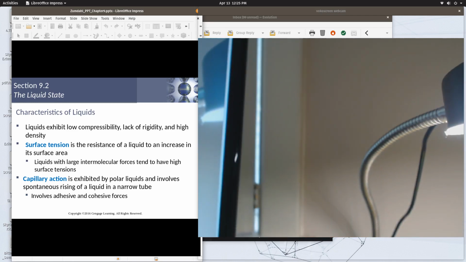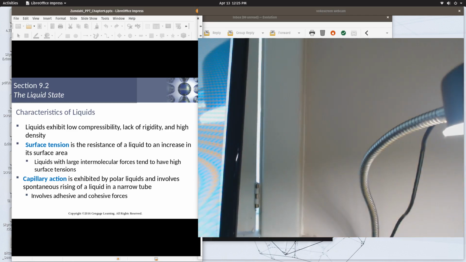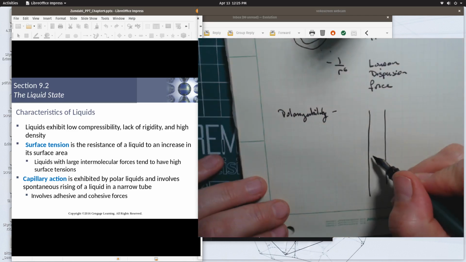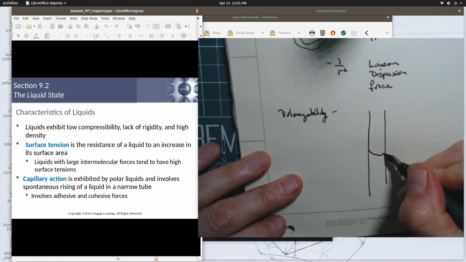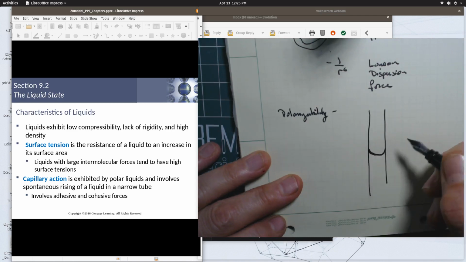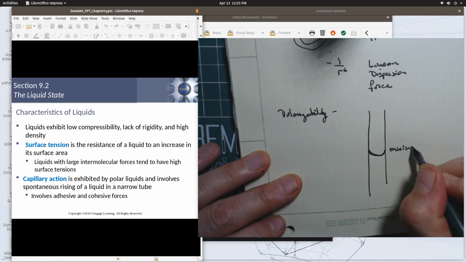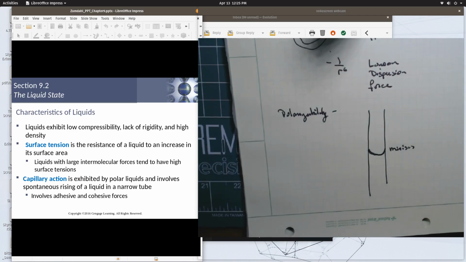It's slightly cupped. If I look at the side of this tube, you'll notice that it's slightly cupped like that. That's called a meniscus, and this meniscus is due to a competition between the adhesive and cohesive forces.